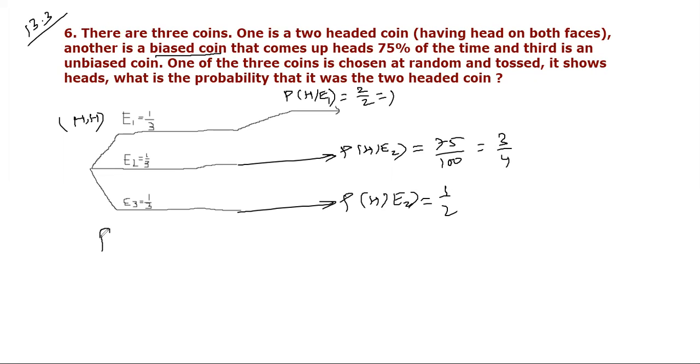So we have to find the probability of E1 given H, getting head on the coin, and it is already given that it is from E1, meaning the two-headed coin. So this probability is that the coin is two-headed, given that it shows head.